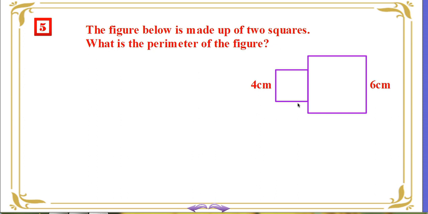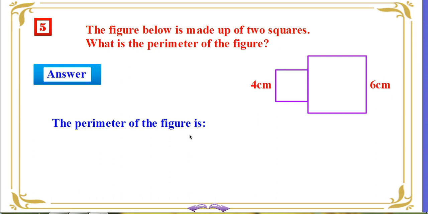So the result of the problem will be the perimeter of the figure is 4 multiplied by 6, 3 multiplied by 4, and we add them together. The result is 24 plus 12 equals 36 cm.